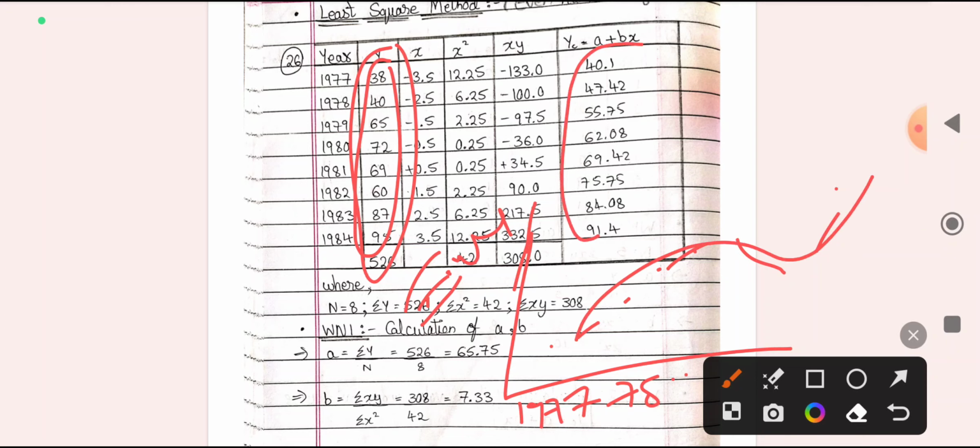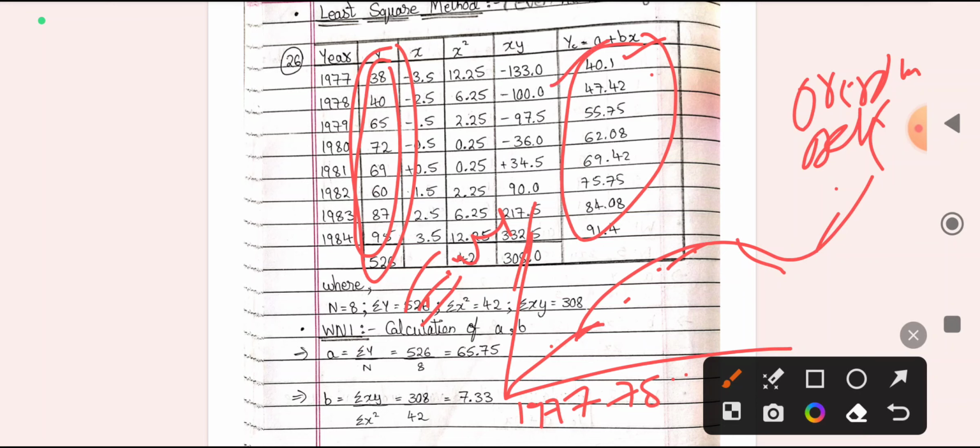Similarly you make a line for the least squares. The first is the original line or actual line, and the next one, whatever we plot with the least squares values, 42, 47, 55, 65, 69, 75, 84, 90, you make a line through these dots and write trend line, okay, trend line.